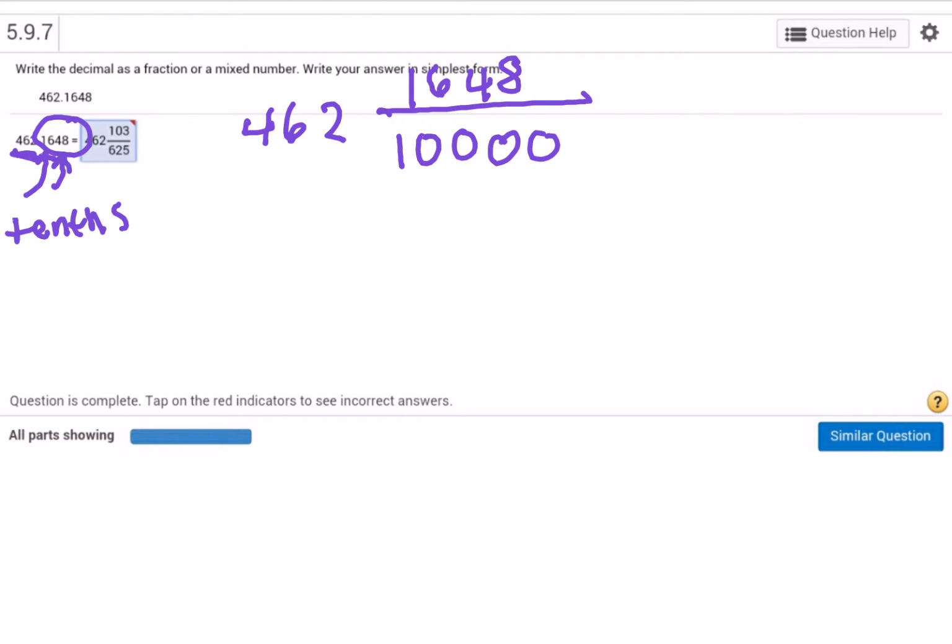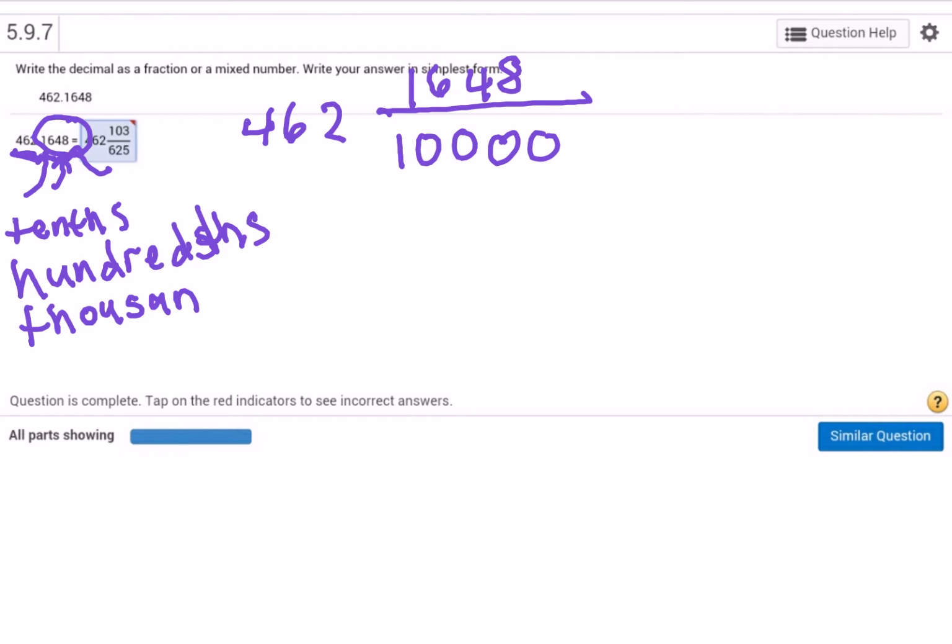The number 6 is in the 100th place. The number 4 is in the thousandths. Oh, hundredths. Sorry, that needs a TH. Thousandths, that TH. And then that last number, the 8, is in the 10,000ths place.